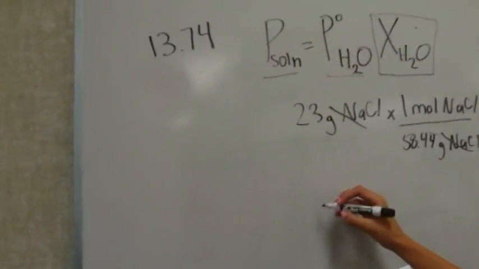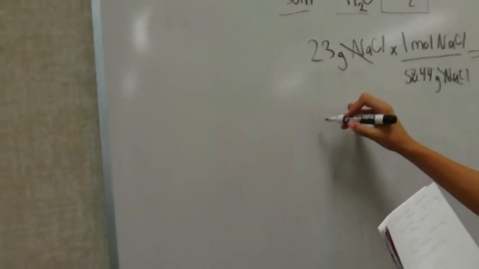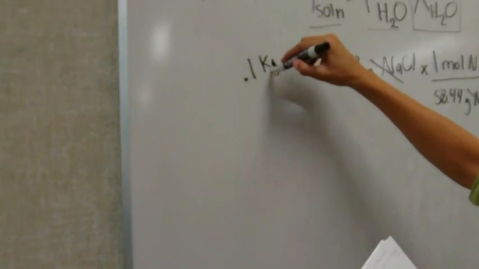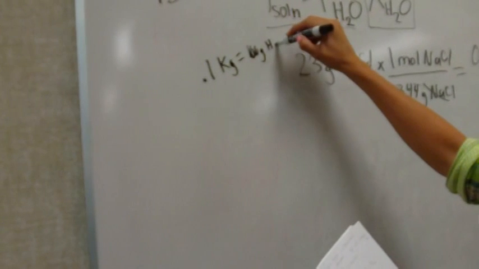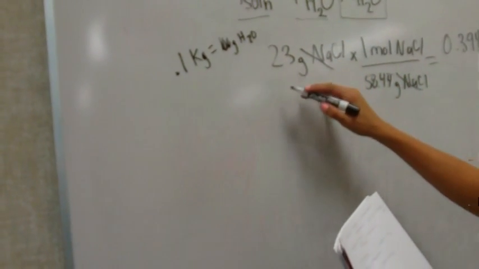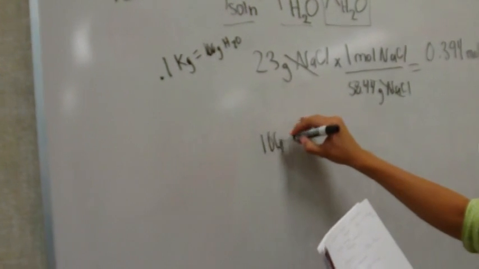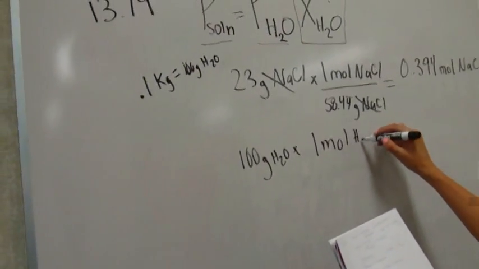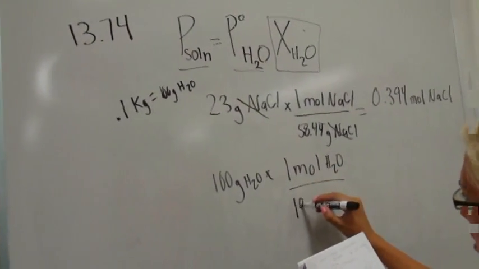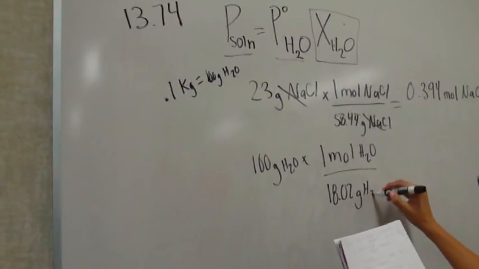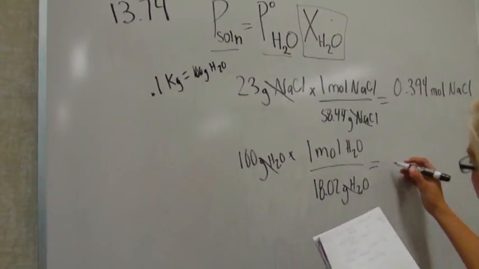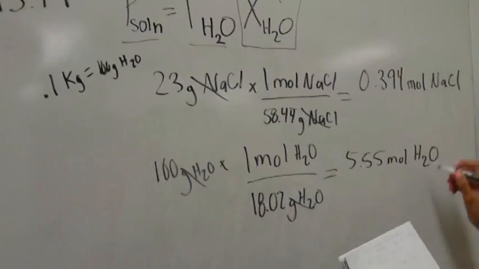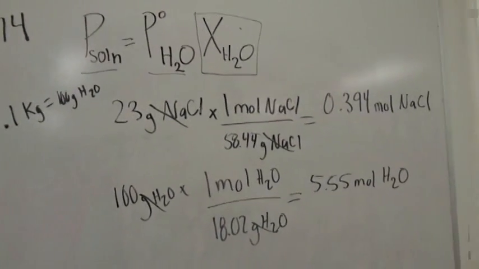Then the moles of water: it gave us 0.1 kilograms, which is equal to 100 grams. So 100 grams of H2O, 1 mole of H2O is 18.2 grams. Grams cancels. We get 5.55 moles of water. So now we know the moles of both.